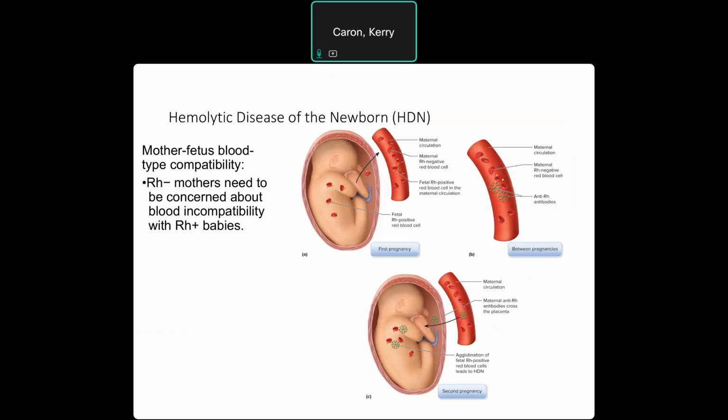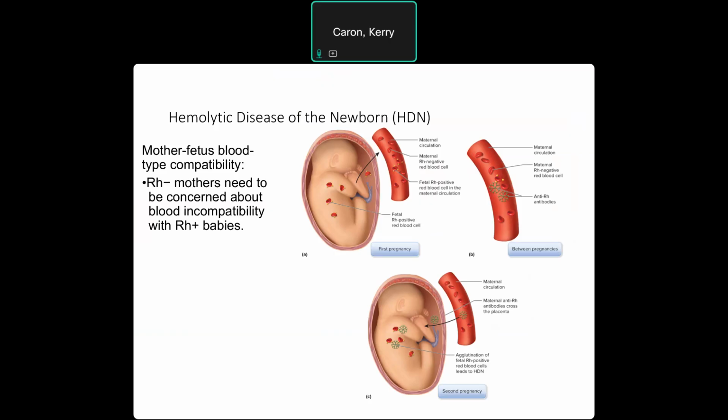So the first pregnancy, let's say this mom is RH negative, okay? Maternal circulation, you can see the cells here, okay? She has no RH antigens, okay? But the baby does. It was donated RH factor from the father and the baby is RH positive.